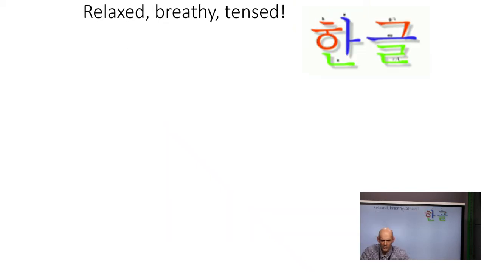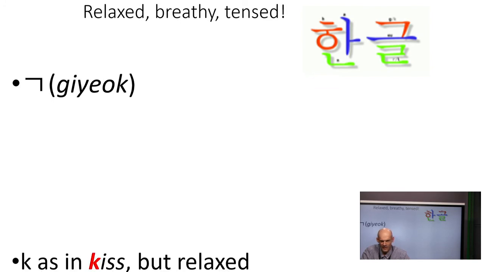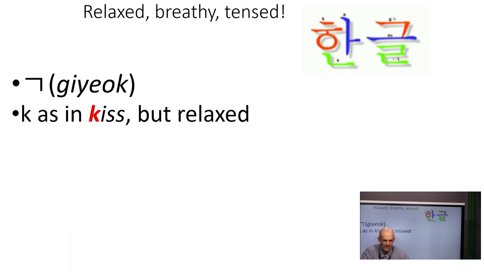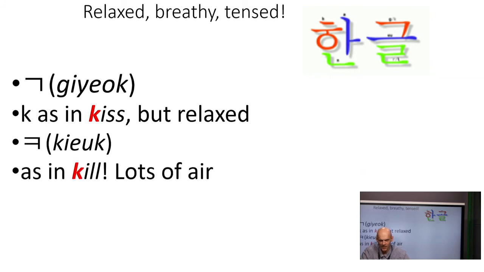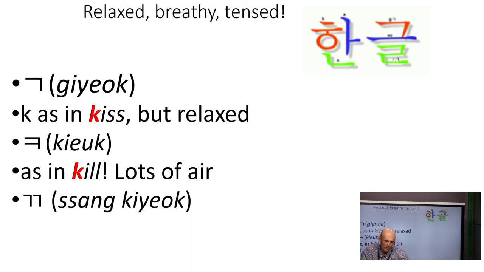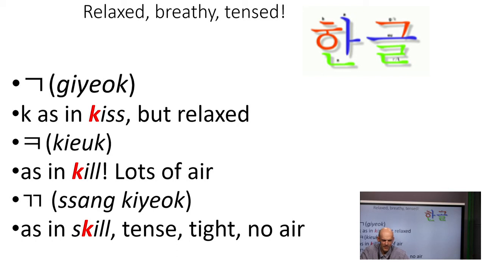Okay, moving on to kieuk. And this we pronounce something like gis. Kieuk, breathy. Kill. So you get a bit of spit there. Ssanggiyeok, which is tensed. So as in skill, gill.